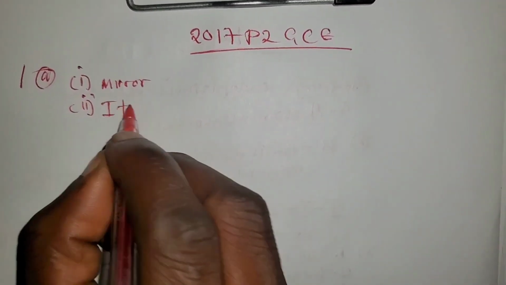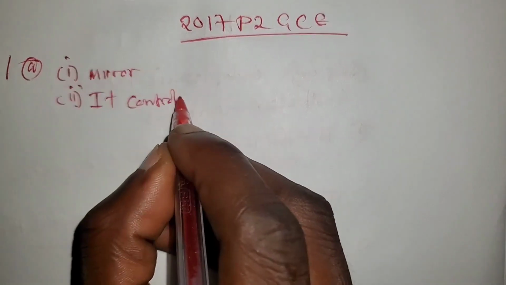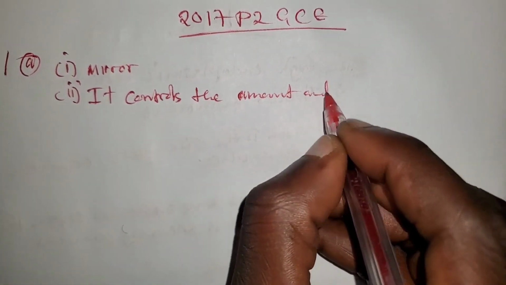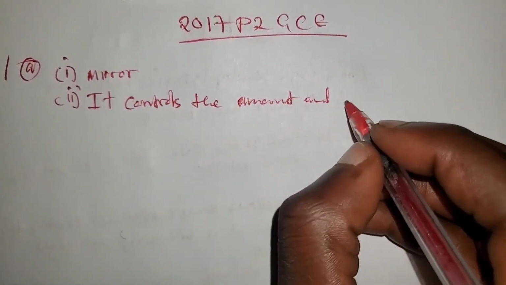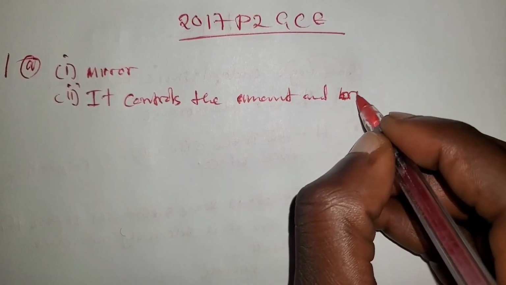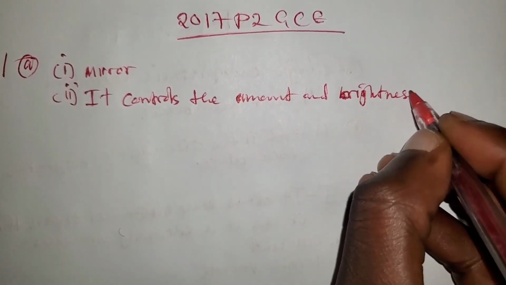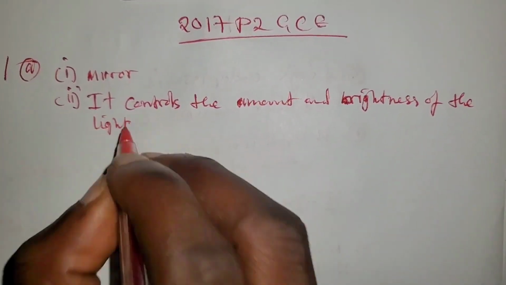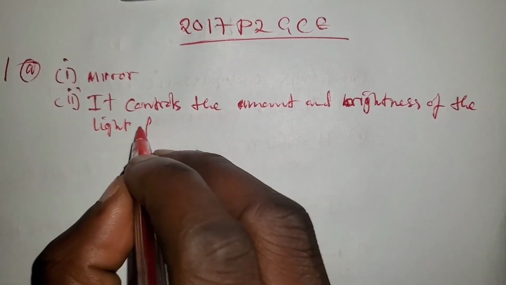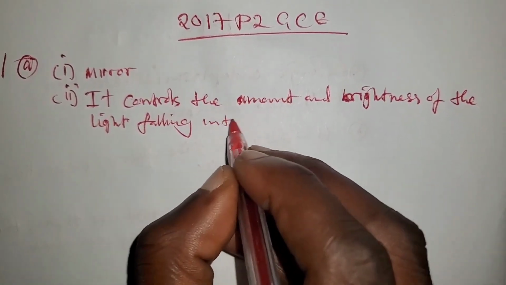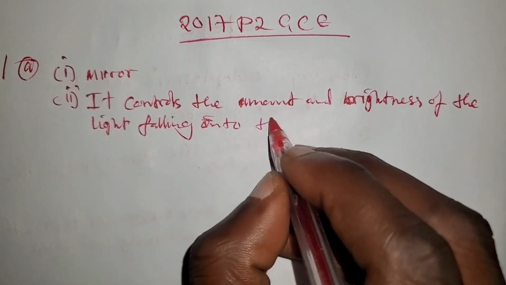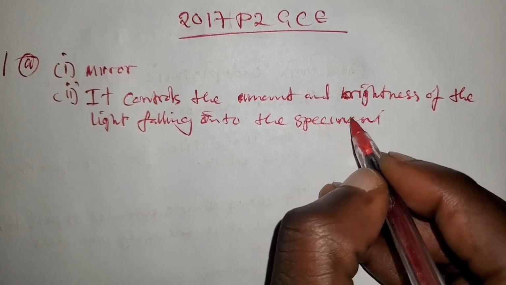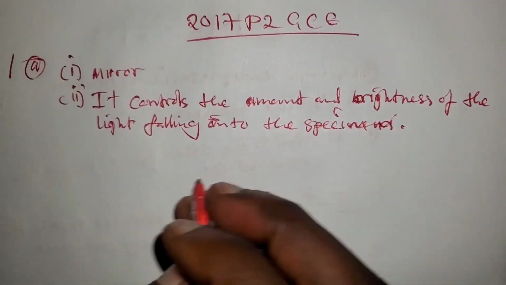So the function of the diaphragm is to control the amount, not only just amount but brightness, of the light, okay, of the light falling into the specimen, okay, falling into a specimen.